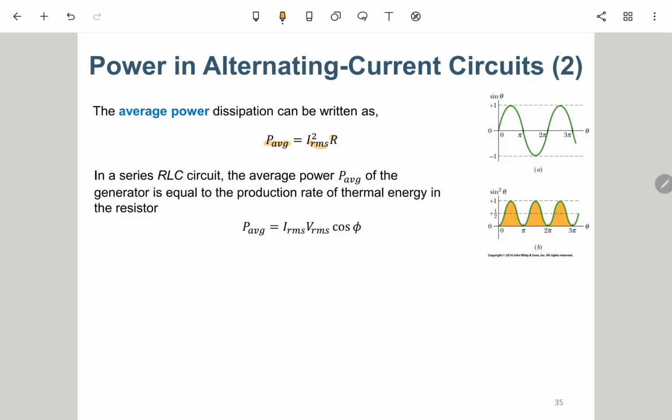So with this definition, we need to pay attention. P average is not equal to IRMS times VRMS. So this is not correct, although P of t is equal to I of t times V of t.